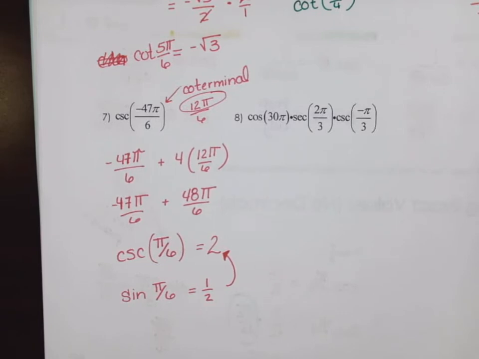If you're still struggling, use your unit circle, because the repetition of looking at it is going to help. But you've got to get good at knowing where you are on the unit circle and what the coordinates are.